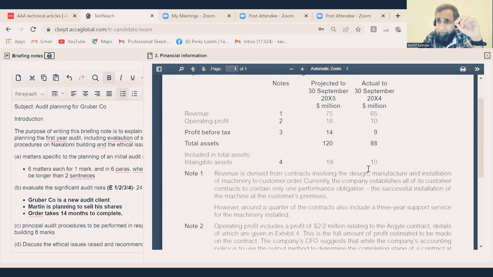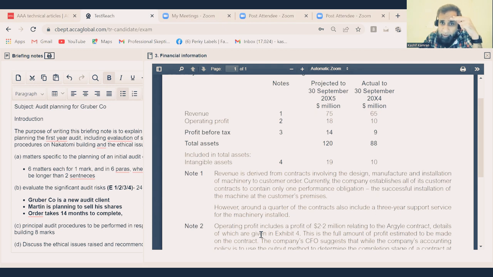Now, whenever you see a financial statement extract given to you in the exam paper, and you want to evaluate the significant audit risk, and you know the definition of a significant audit risk: something specific to the case study, or something non-routine, or something judgmental. Now, if you're a clever student, an examiner has given you an extract of a financial statement.